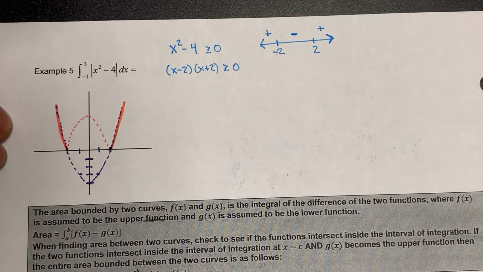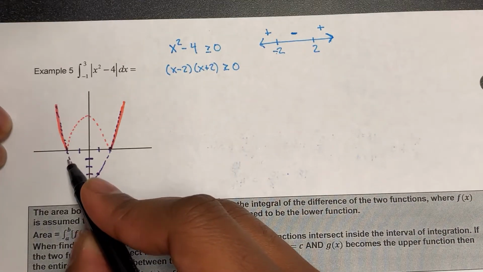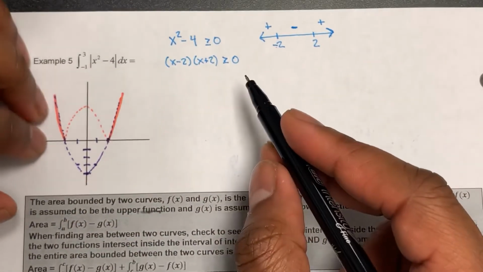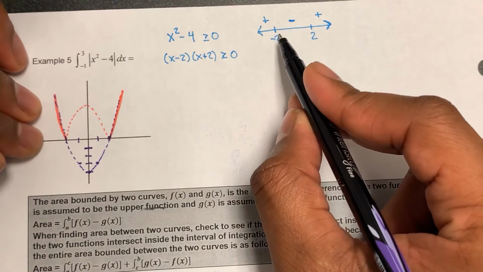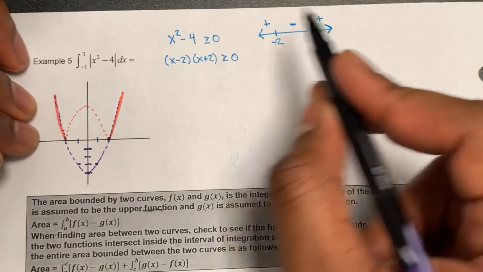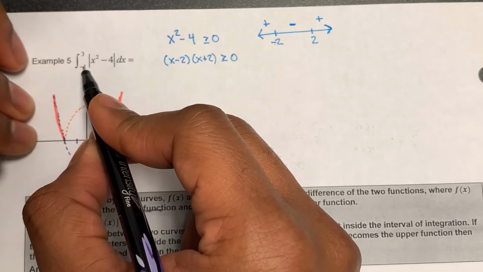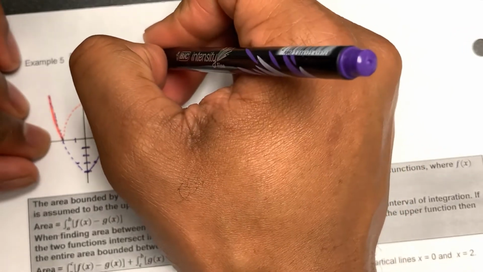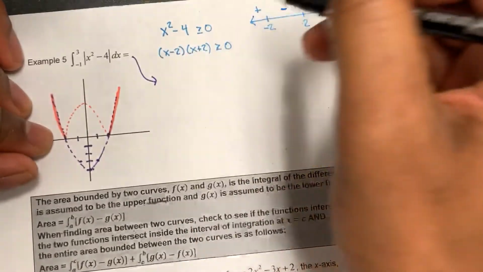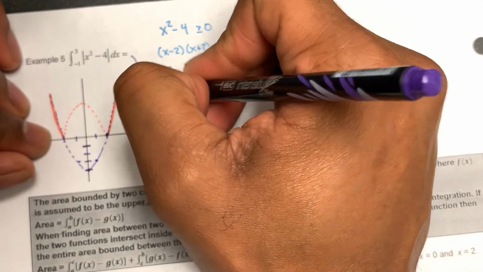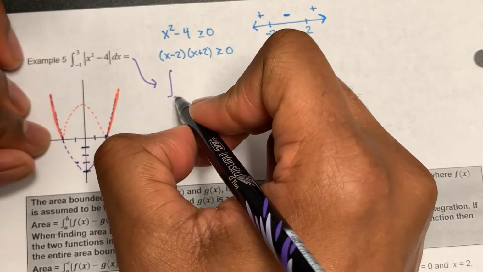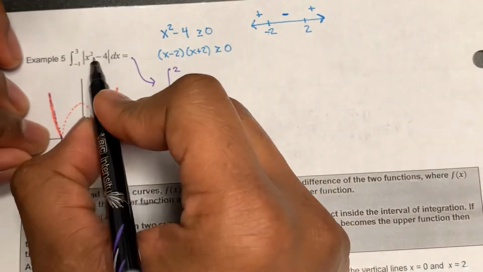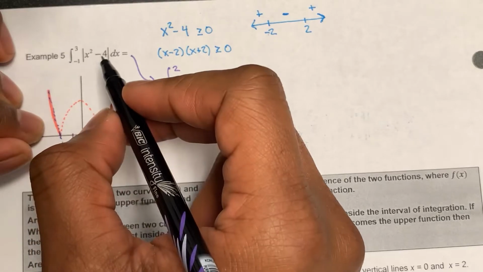So we need to determine where the purple graph is negative and flip our integral accordingly. So we know that it's negative from negative 2 to positive 2. Our limits are from negative 1 to 3. So that means that we're going to rewrite this to equal two different integrals. So from negative 1 to positive 2, we need to do the opposite of this function.